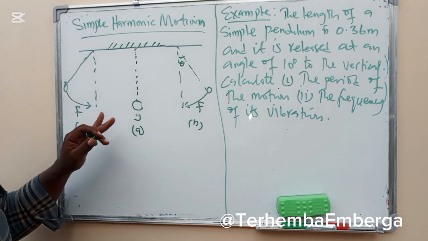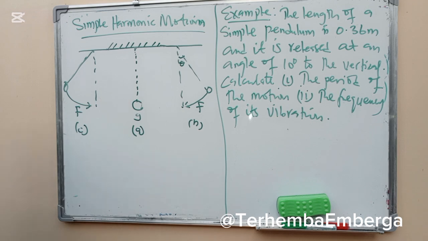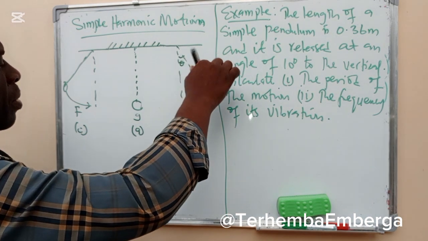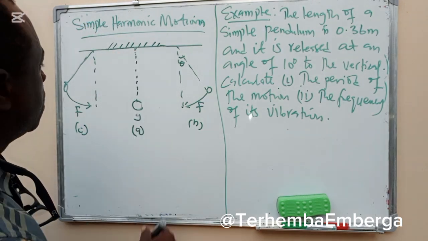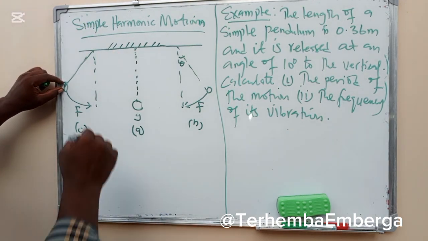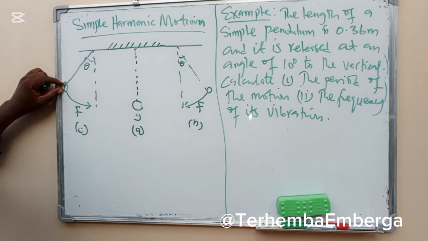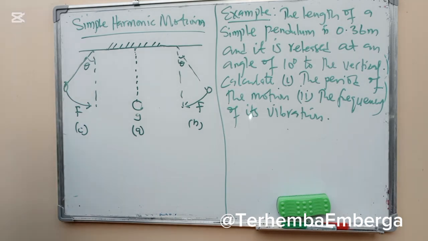It is in its equilibrium position. Displacing it on the right with a small angle, it oscillates. And displace it on the left with a small angle, it also oscillates.